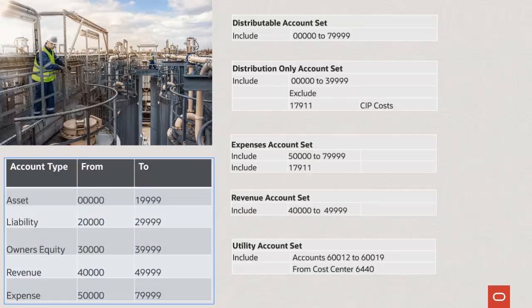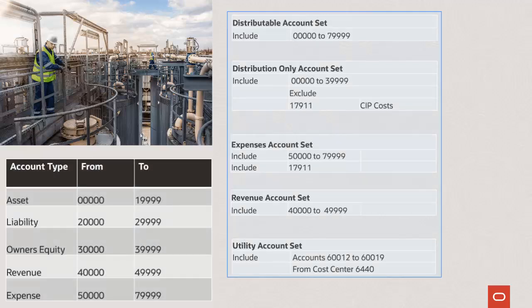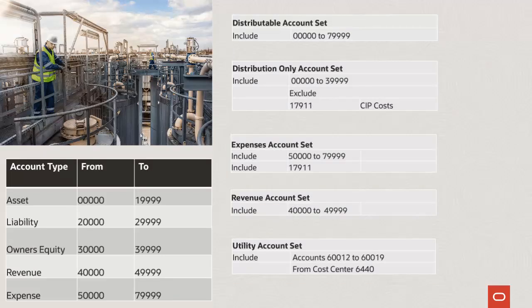Here are the natural account ranges for HEPP Petroleum's chart of accounts. And here are the account sets to support this use case. According to the Joint Operating Agreement, all transactions are distributable for reporting purposes. Assets, liability and owner's equity are distribution only.